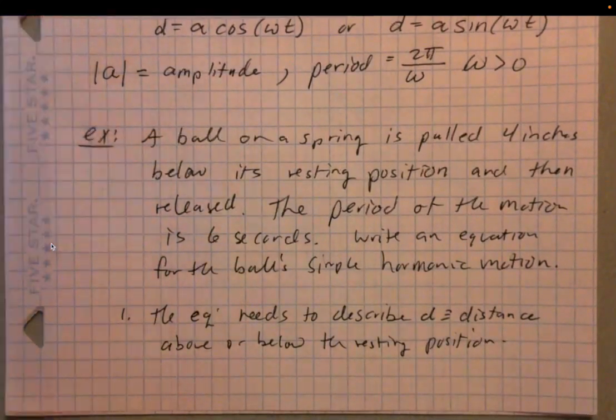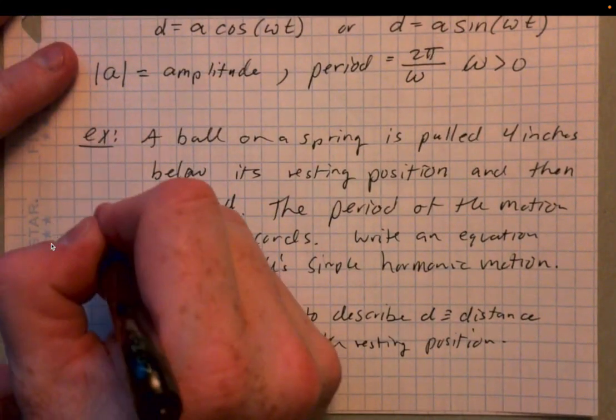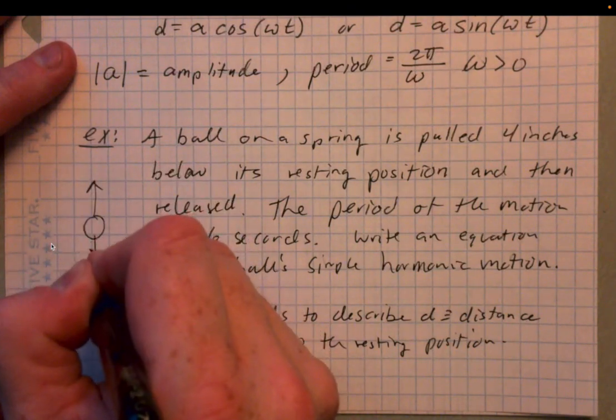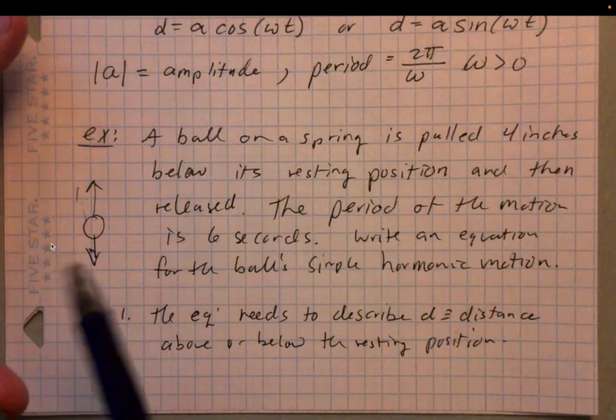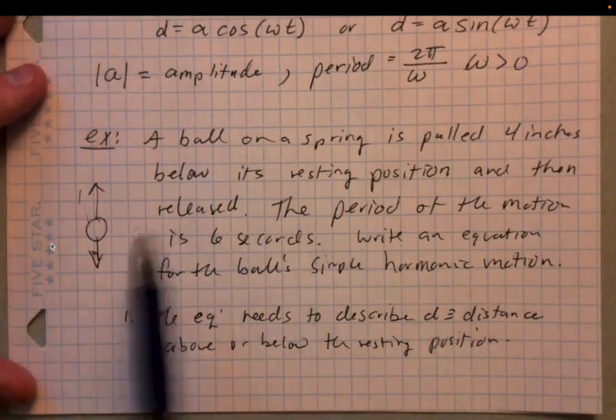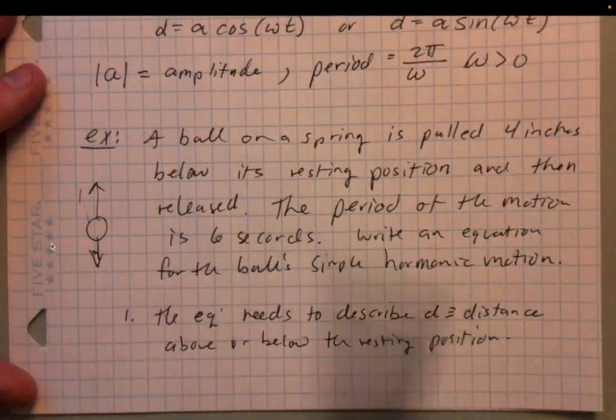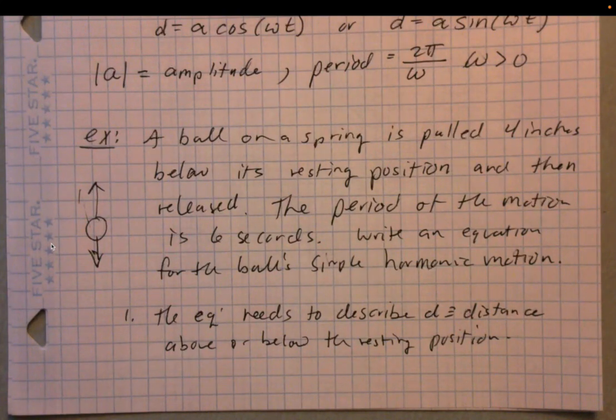So the ball's really in one spot, going up and down, but predictably. We just need to write an equation that predicts where the ball will be after a certain amount of time.